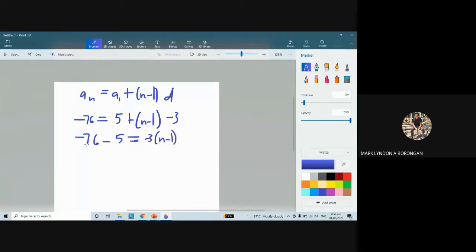Itong simplify ni siya, that will become negative 81 divided by negative 3 and minus 1. Divide both sides by negative 3. So, negative 81 divided by negative 3, you'll get 27.